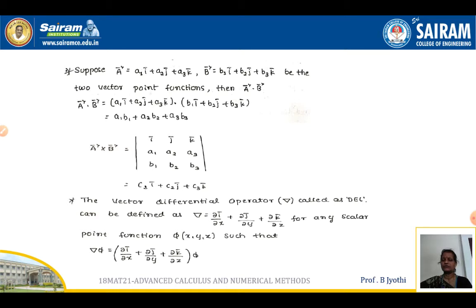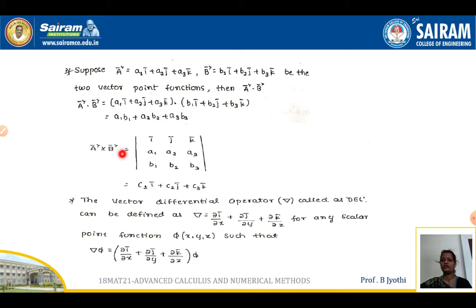And coming to the cross product, a cross b will be a determinant, that is i, j, k in the first row. The second row will be a1, a2, a3, that is the components of the first vector a, and the third row will be the components of the second vector b, that is b1, b2 and b3.